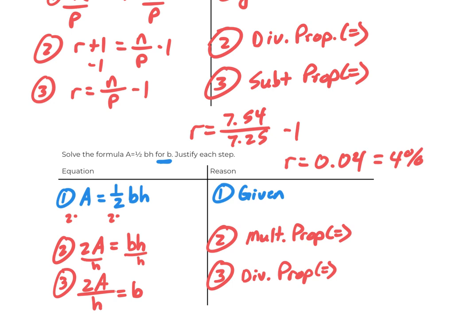Why would a job or a company offer a 4% raise to their employees rather than just saying, I'm going to give you 50 cents more an hour? Why would they do a 4% raise rather than a 50-cent raise? Anybody have any idea? What if I'm making $7 an hour and somebody else has been there for a long time and they're making $15 an hour?